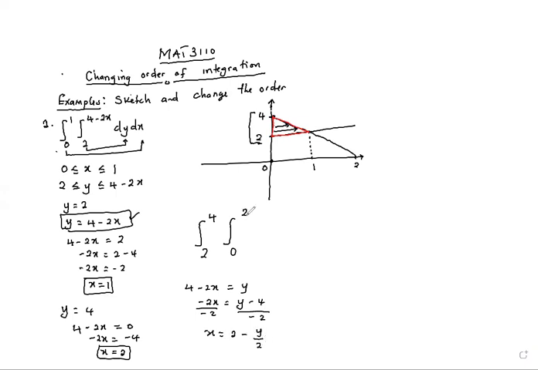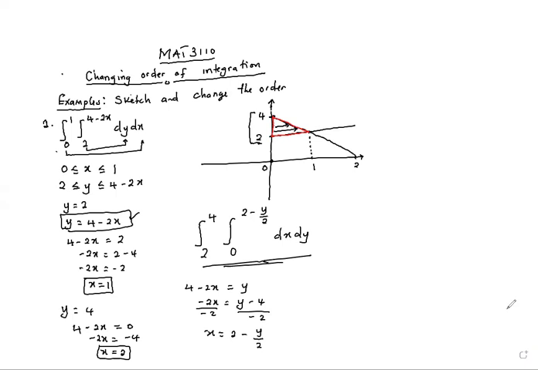So this will be 2 minus y over 2, and it will be dx dy. So I've successfully changed the order. Once I'm able to sketch, the issue of changing the order becomes a very easy thing to do.